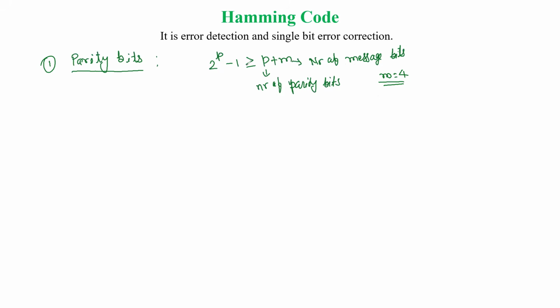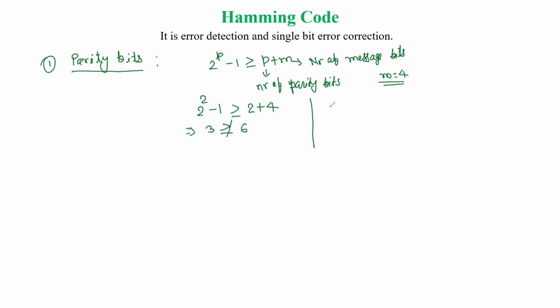What should the value of p be so that it is greater than or equal to p plus m? If we substitute p equal to 2, we get 2 to the power 2 minus 1 on the left side, which is 4 minus 1, that is 3. On the right side, since p is 2 and the message bits are 4, we have 6. This is not valid, am I right? 3 is not greater than 6.